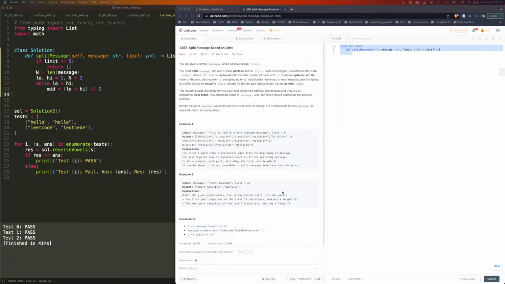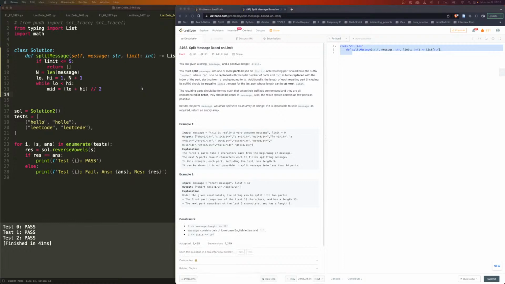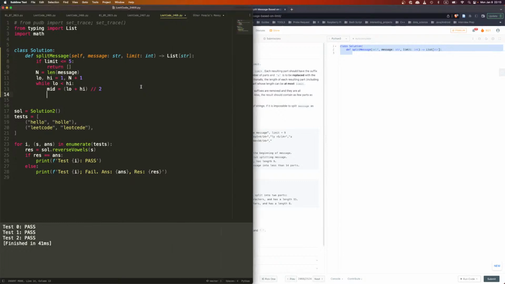With mid, what we can say is, we want to say if it's possible or not possible to divide into that many parts. The last one is going to be, mid is the number of parts.